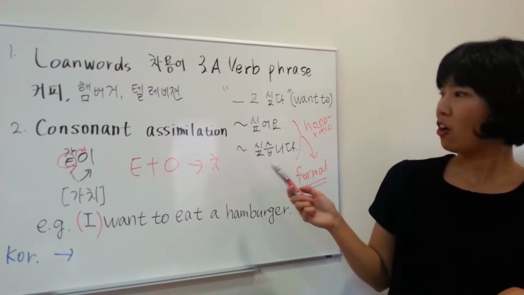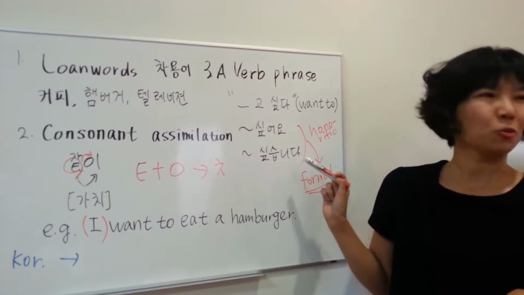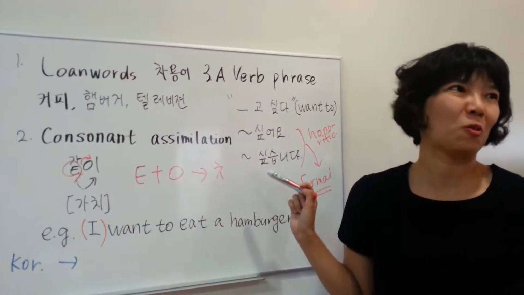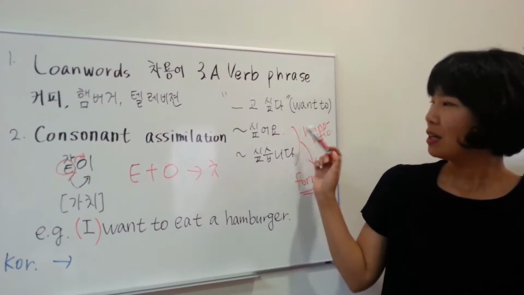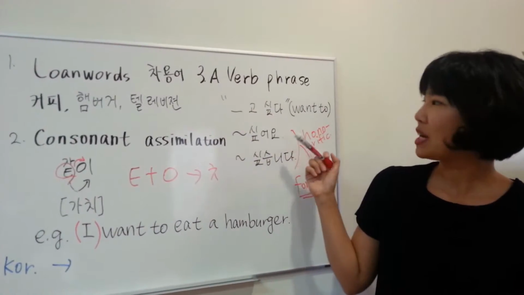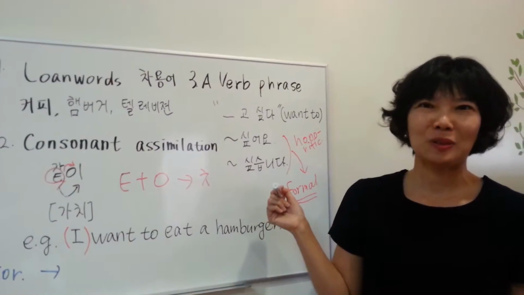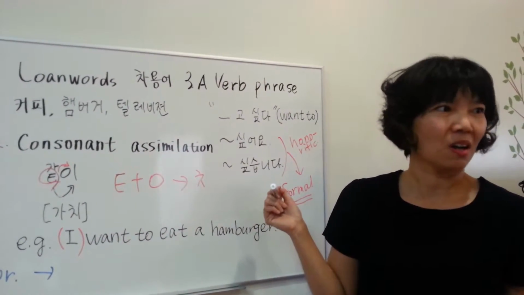So please be careful when you speak to Korean people, it's always better to be polite. Of course, with English, it's always better to be polite to other people too. So instead of saying, for example, 먹고 싶다, it sounds quite impolite to the listener.